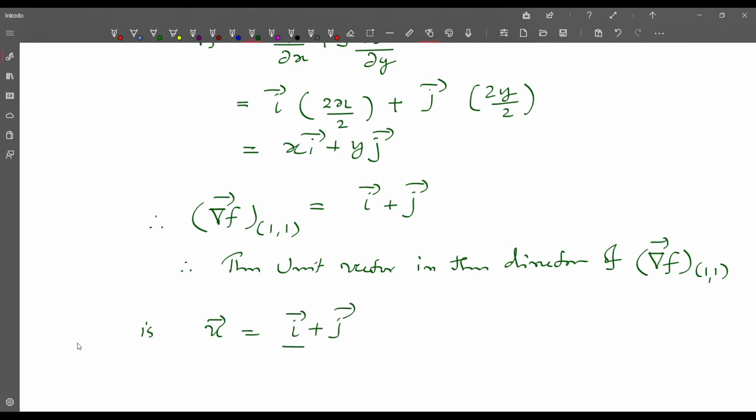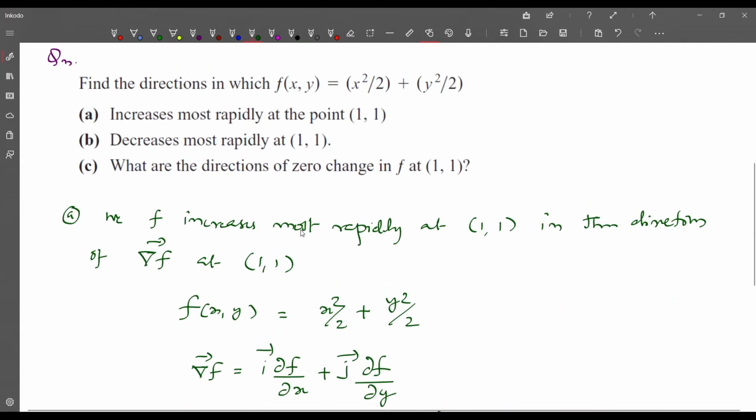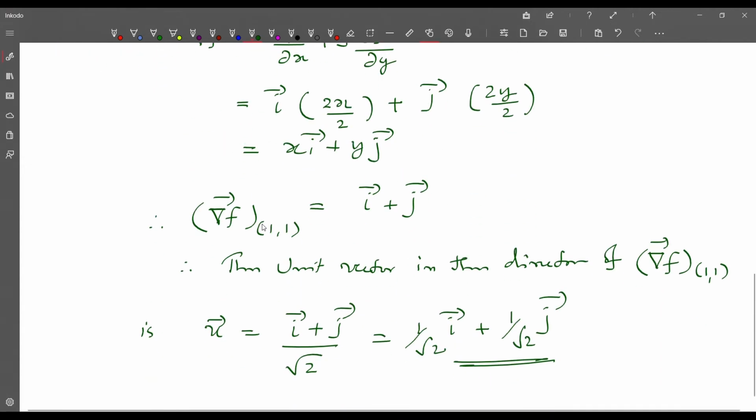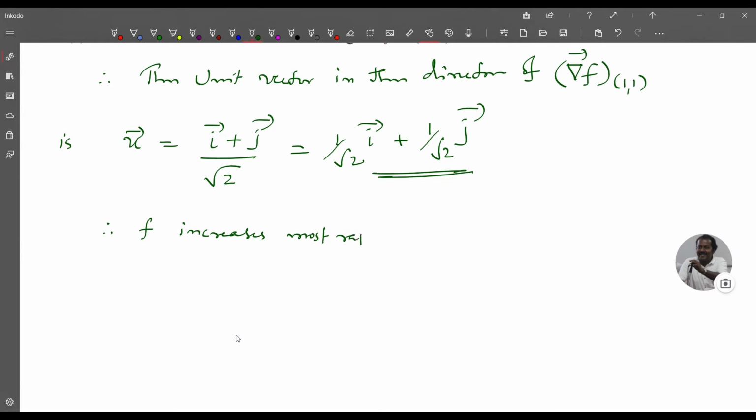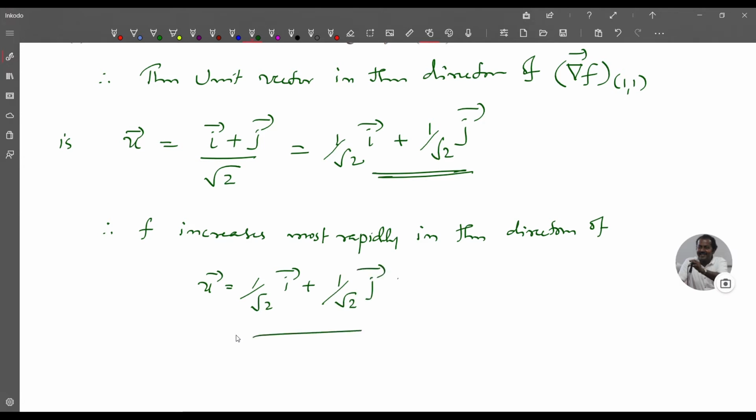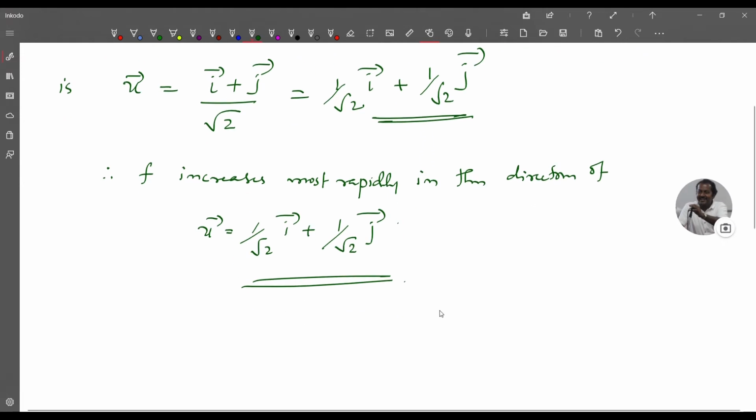So this is 1 by root 2 into i plus 1 by root 2 into j. This is the direction in which f increases most rapidly. Therefore f increases most rapidly in the direction of u equal to 1 by root 2 i plus 1 by root 2 j.